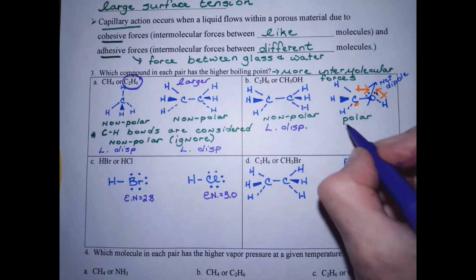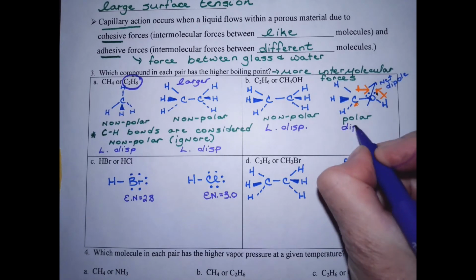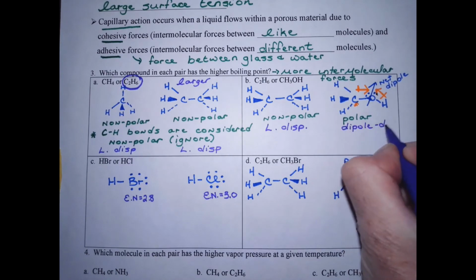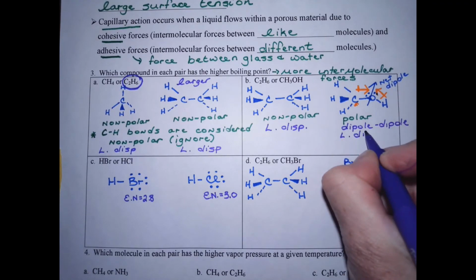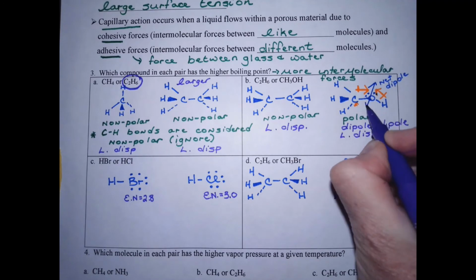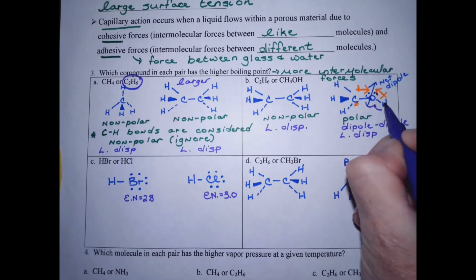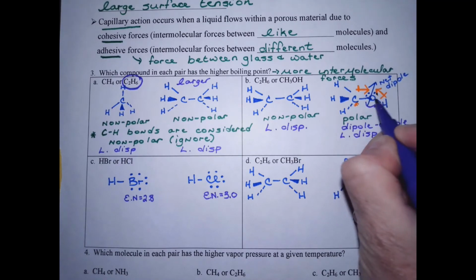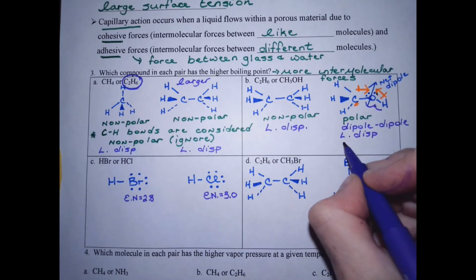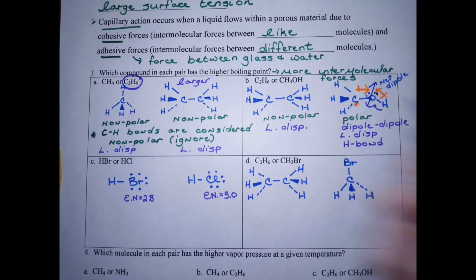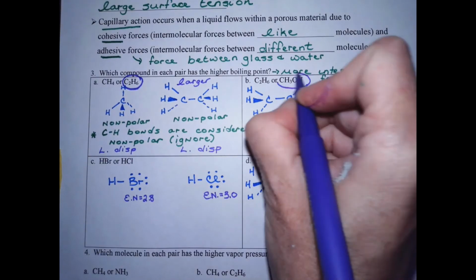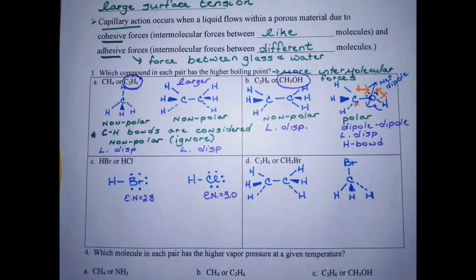So we can assign dipole-dipole, London dispersion, and we have H directly connected to F, O, or N, so we also have hydrogen bonding here. Methanol definitely takes it. It has a lot more intermolecular forces, a lot more going on, so it's going to have the higher boiling point.